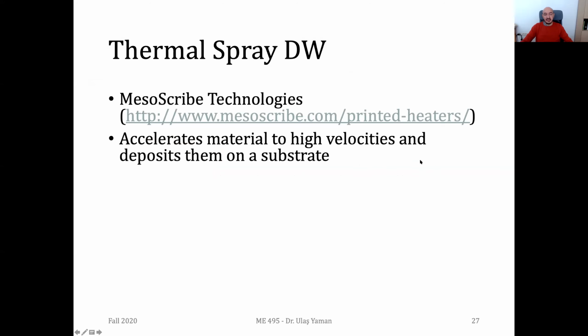So what is the fundamental of this technology, thermal spray? As the name implies, we need to heat the material, and then by using some pressure, we spray this material on the surface. As written here, it accelerates the material to high velocities and then deposits it onto the substrate. You may have the material in powder form or wire form.